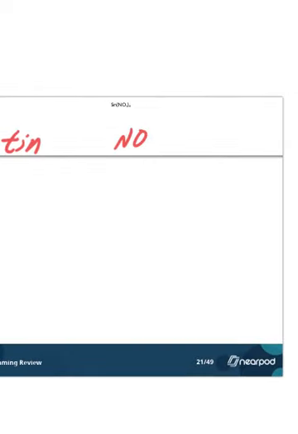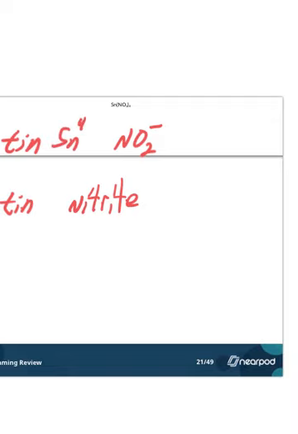Sorry, I can't see that. Nitrite, which is a -1. So I have tin, nitrite, and I have 4 of them. So that means the tin is going to be a 4+. So I'll have tin(IV) nitrite for the name.